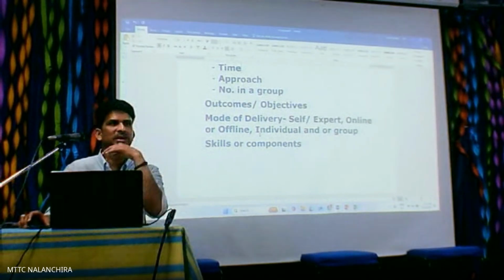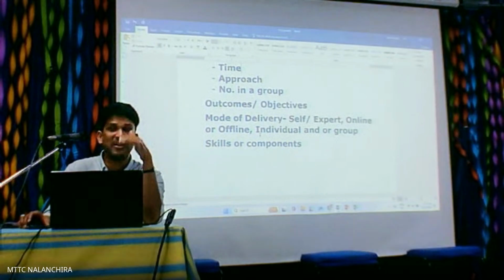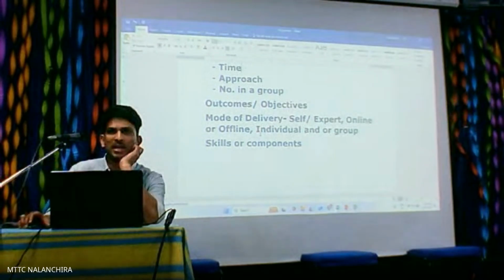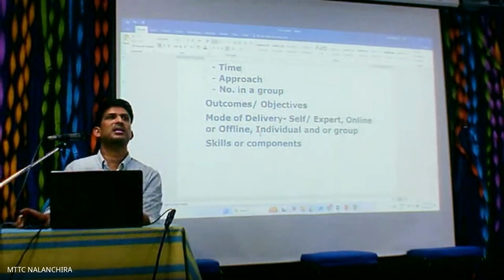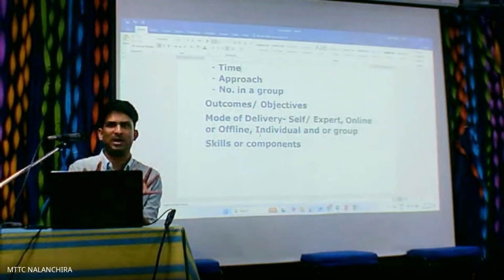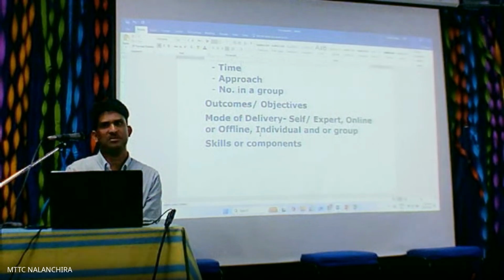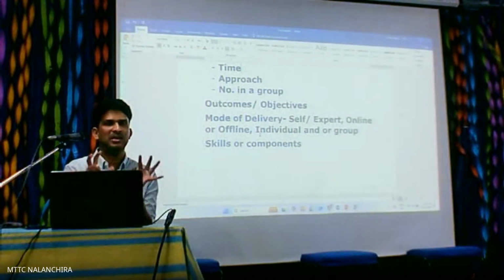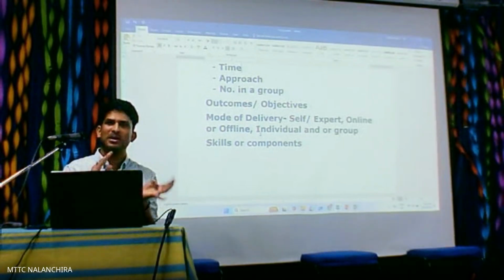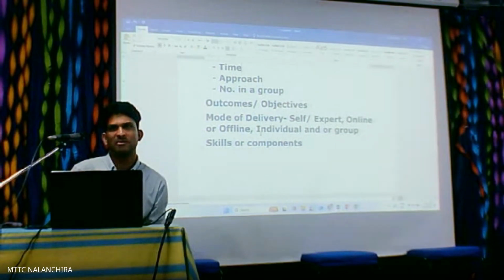Only thing is that the outline you just get validated by the expert. Second thing is that if you are following any specific approach, for example a constructivist-based strategy, constructivism should be the core idea. That should not be diverted. If you are following the constructivist paradigm, it should be as per the paradigm, and then you make the innovation within that framework.